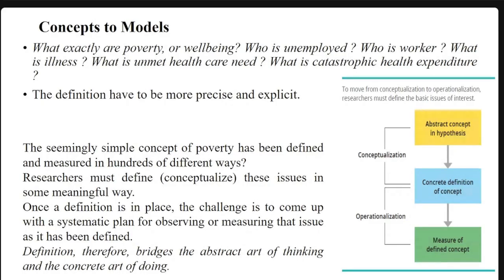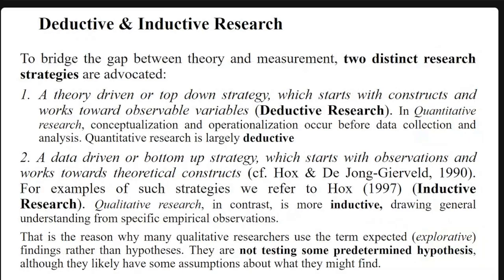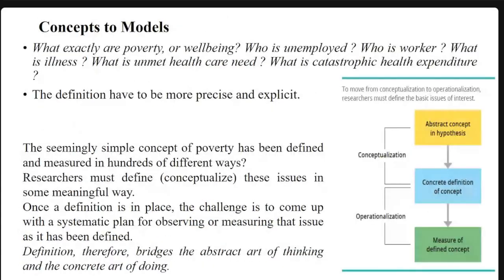The abstract concepts in the hypothesis must come to a concrete definition of the concept, and then to a measurable definition of the concept. Therefore, definition bridges the abstract art of thinking and the more concrete art of doing for measurement purposes.